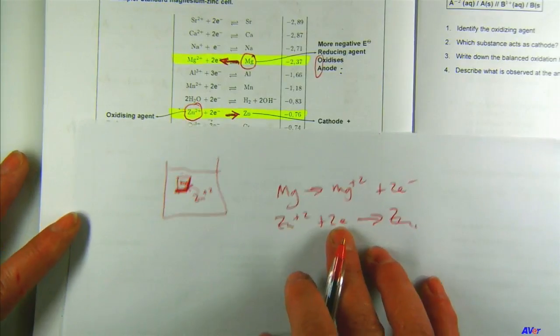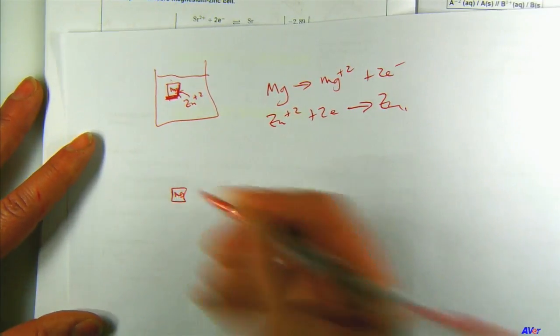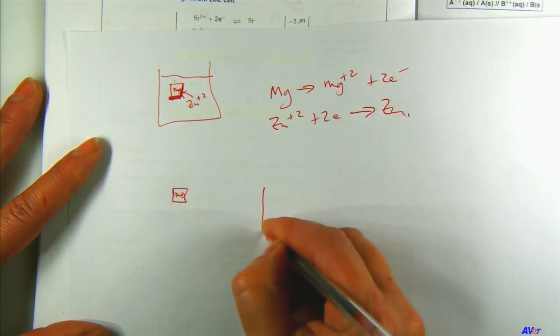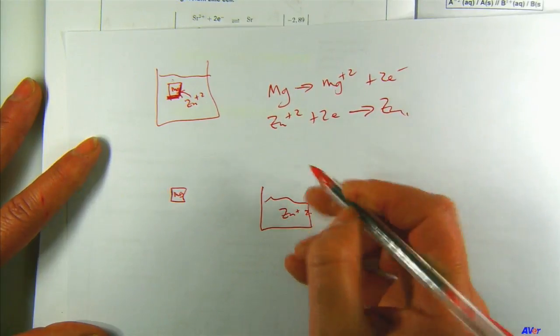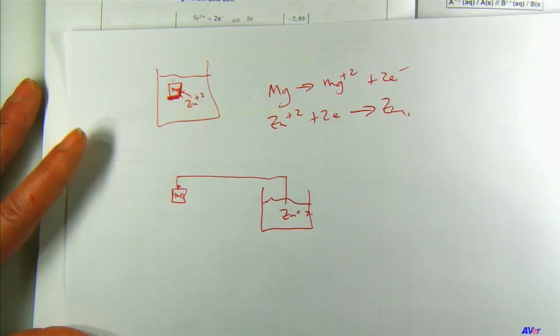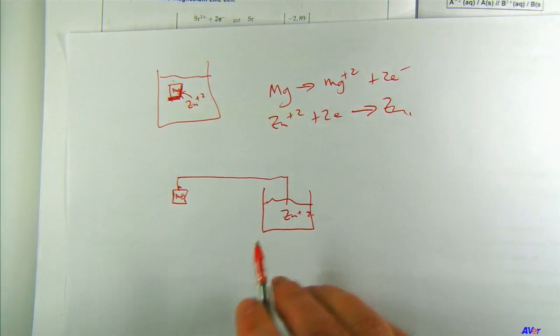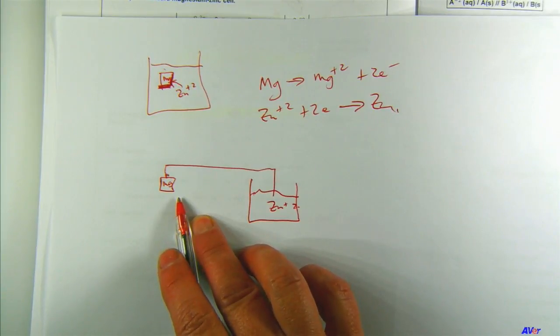Now, what is nice is if we could take the magnesium over there, and we could take the zinc solution over there, and you put a wire between the magnesium and the zinc. Now, remember, the magnesium is the stronger reducing agent, right? It's the one that's better with giving off.